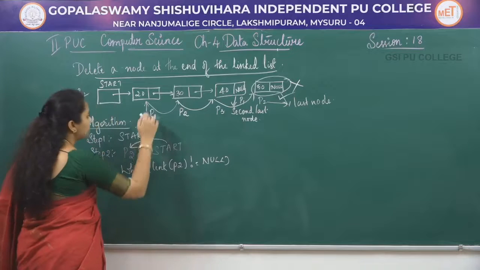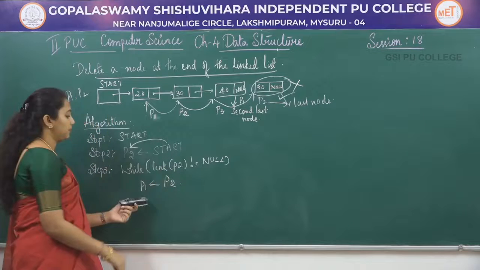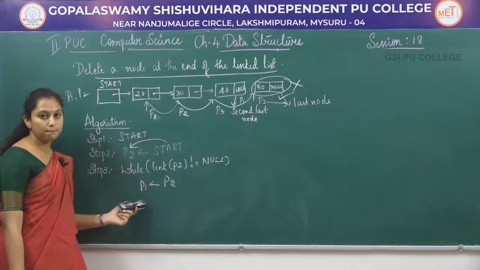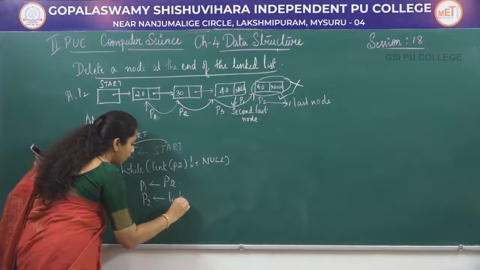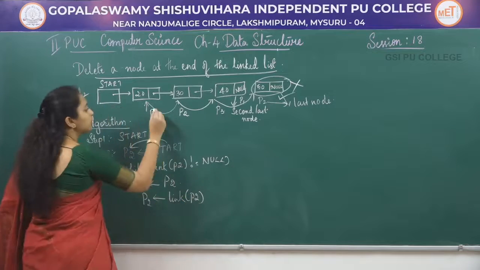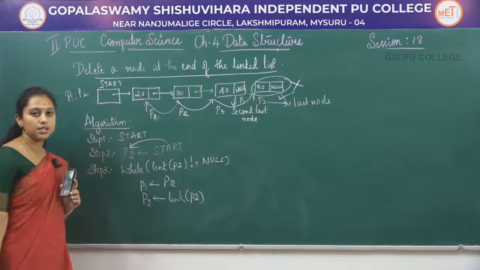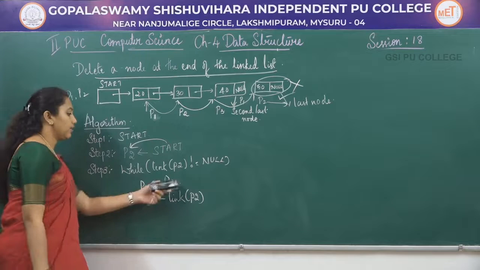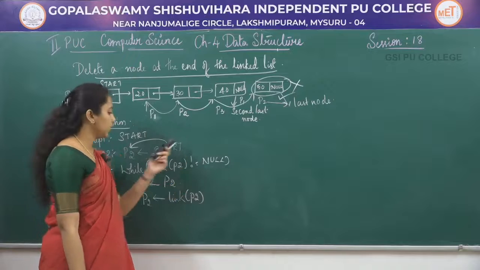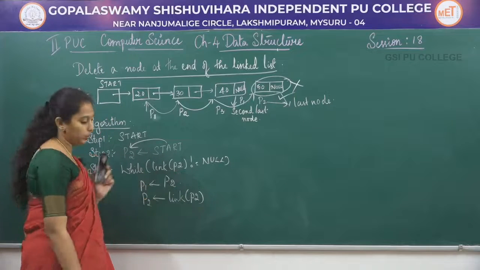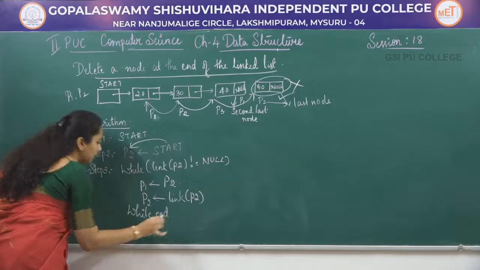Now this node becomes P1, so P2 becomes P1, and P2 contains the link of the next node. So now this becomes P1 and the next node of the linked list becomes P2. This continues until we get null as the value in the link field of P2. While end.